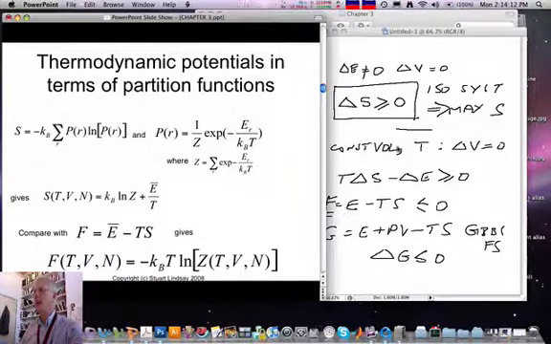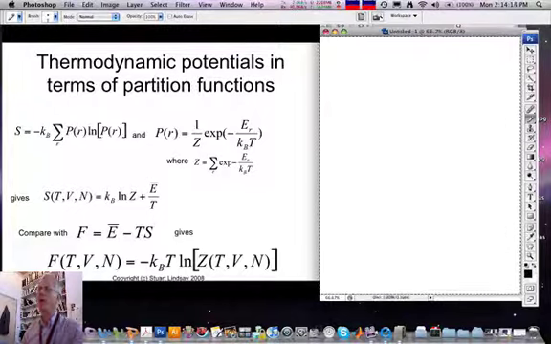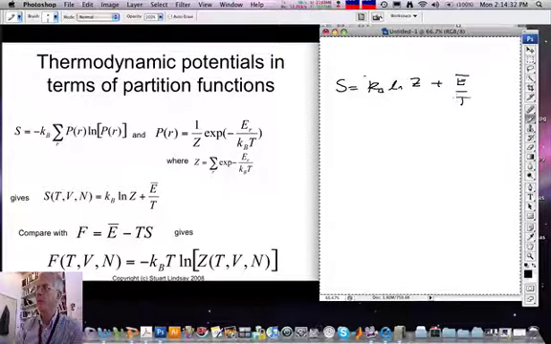So now let's take a look at how we would obtain the appropriate thermodynamic potential from the partition function. We saw earlier that we can write the entropy as the Boltzmann constant times the log of the partition function plus the thermally averaged energy divided by temperature for a system in contact with a heat bath.